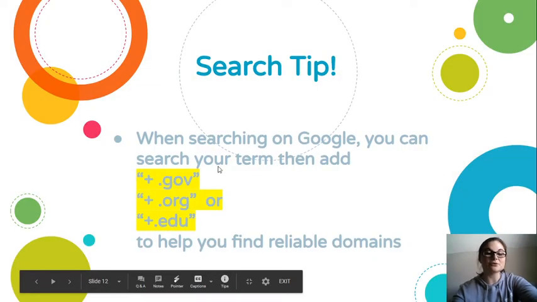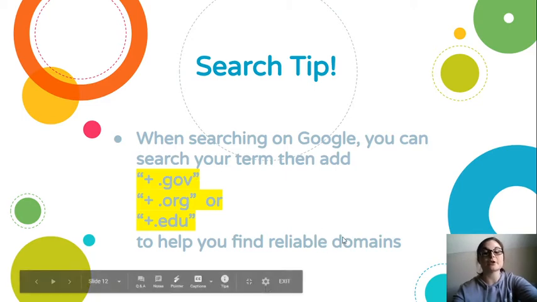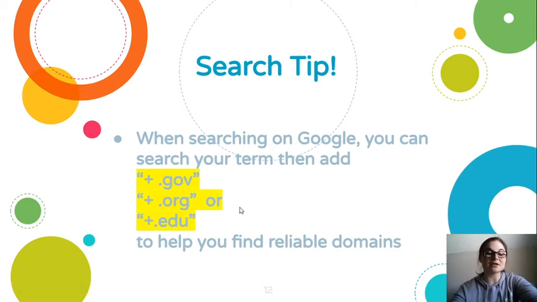When searching on Google, you can search your term, then add, and you have to type it exactly like this, a quotation mark, plus .gov, and then a closing quotation mark, to help you find reliable domains. When you type it in this way, it will only allow websites with that ending to come up, and then you know you're getting reliable information.